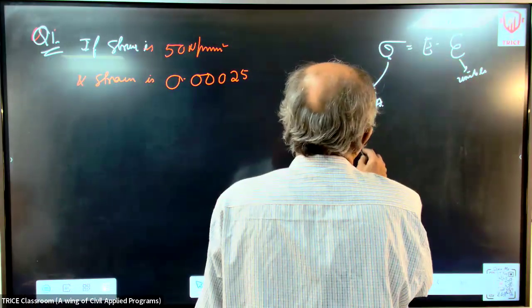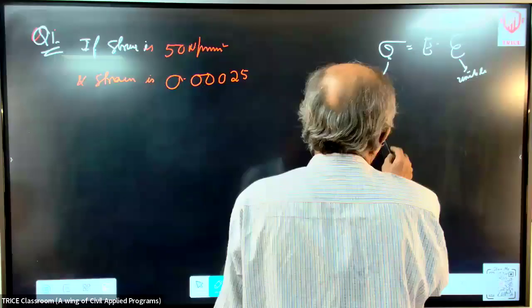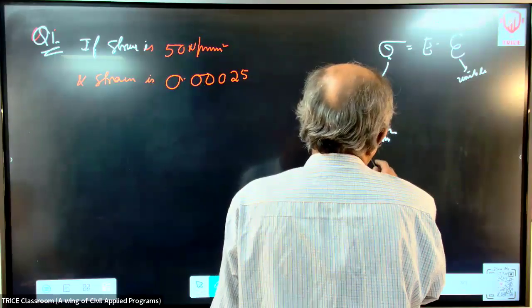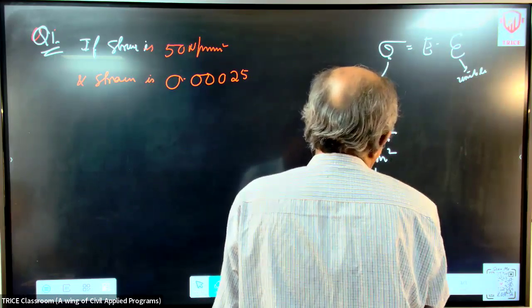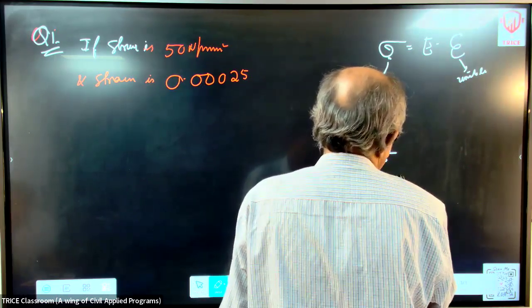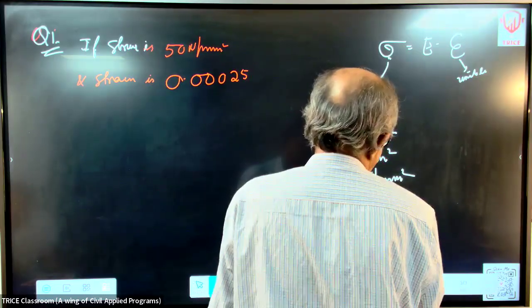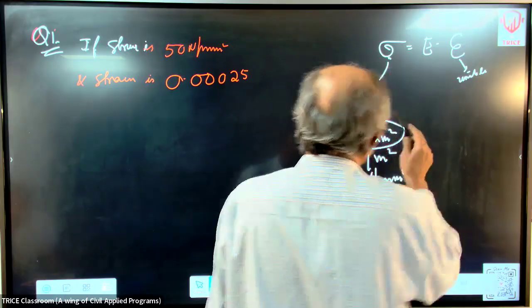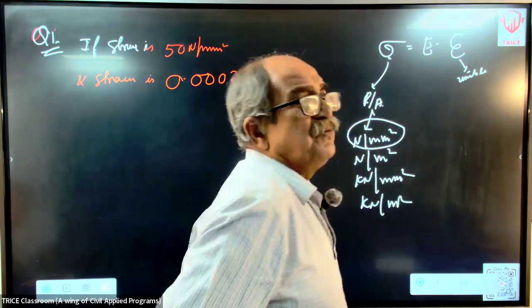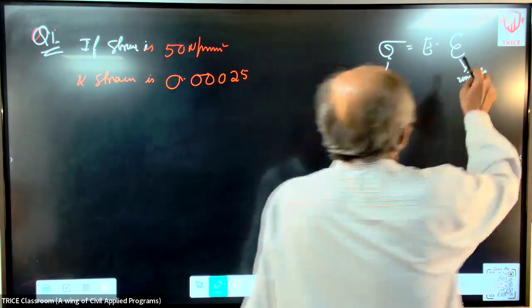Force by area: Newton per mm square, Newton per meter square, kilonewton per mm square, or kilonewton per meter square. Most popular is Newton per mm square. Stress is force per unit area, while strain is unitless.